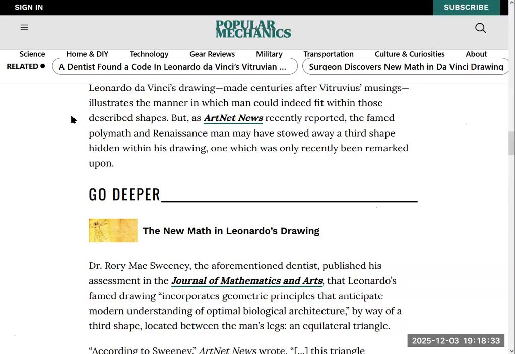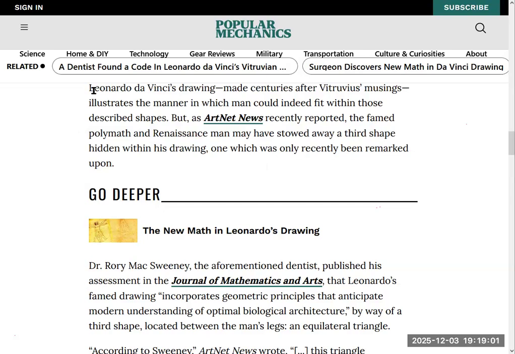But as ArtNet News recently reported, the famed polymath and Renaissance man may have stowed away a third shape hidden within his drawing, one which was only recently been remarked upon.